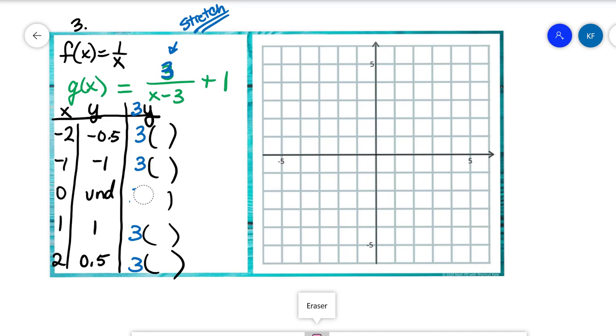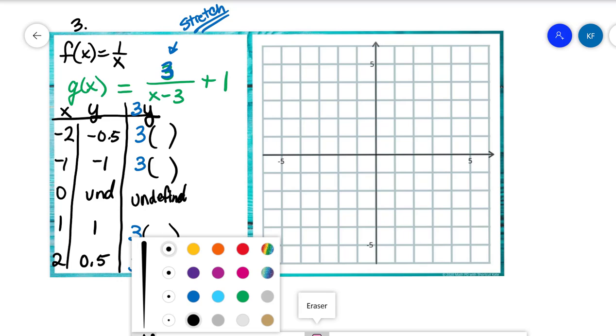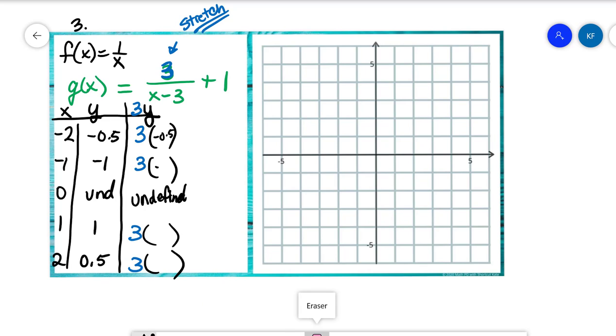And I'm going to erase this part because remember it's undefined regardless. And then I'm going to come over here and graph those points.